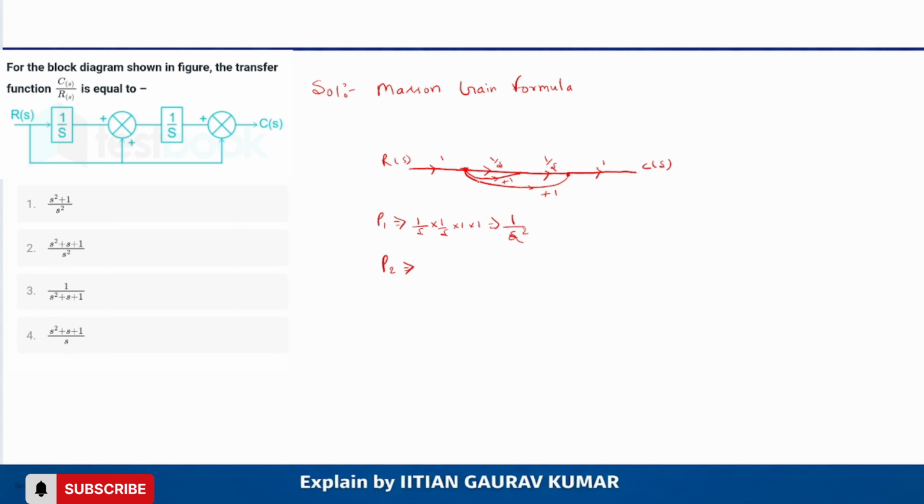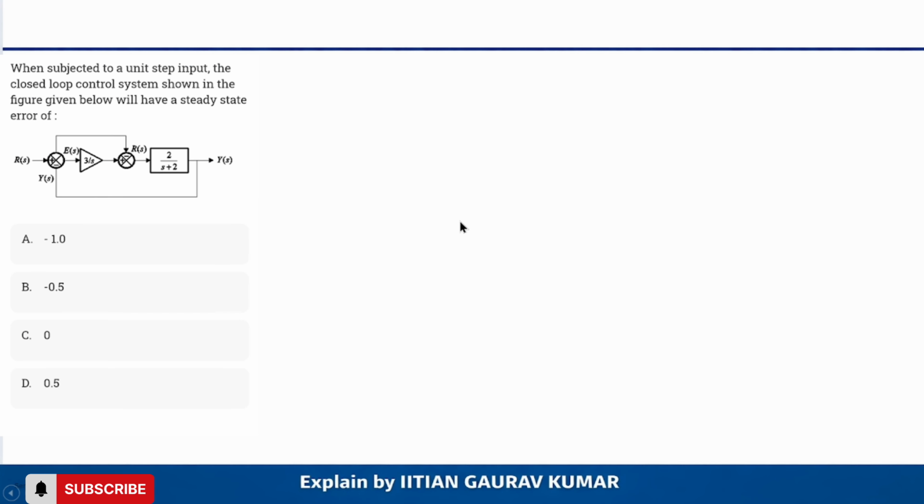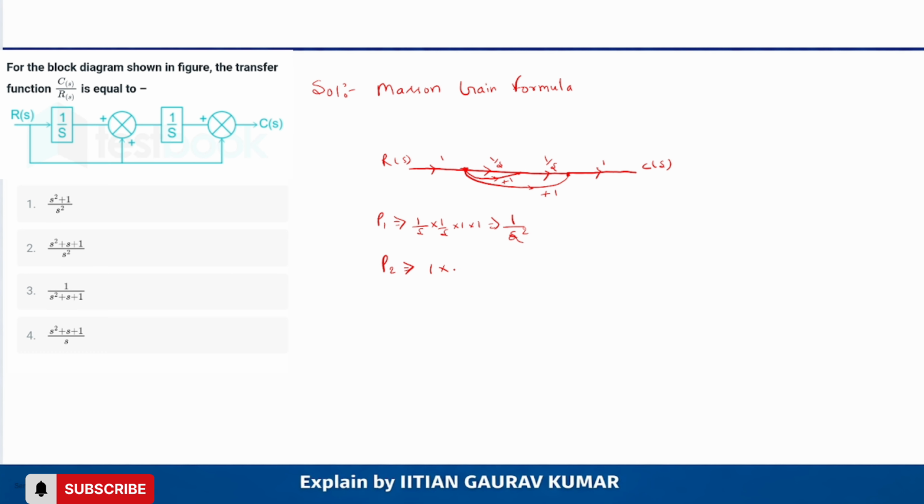P2, the second path, is from input to output: 1, 1, and 1 by s into 1. It gives the result 1 by s.